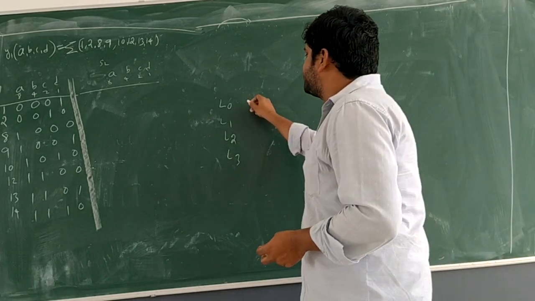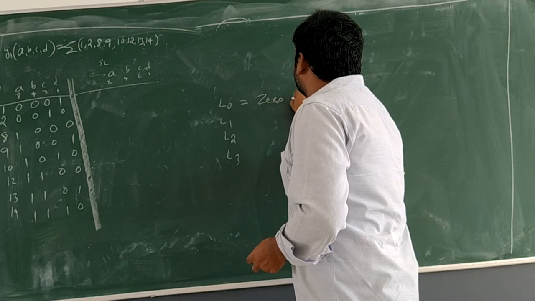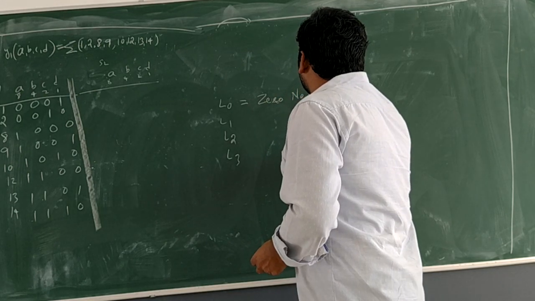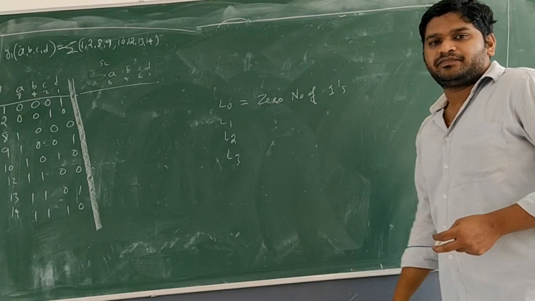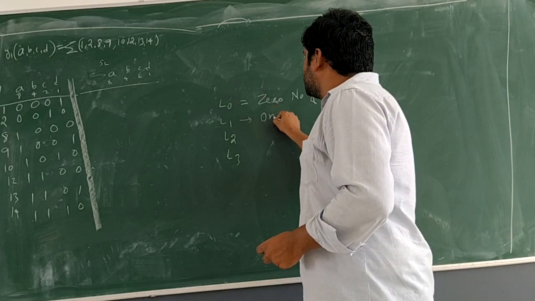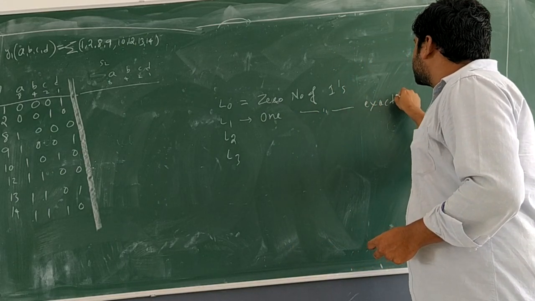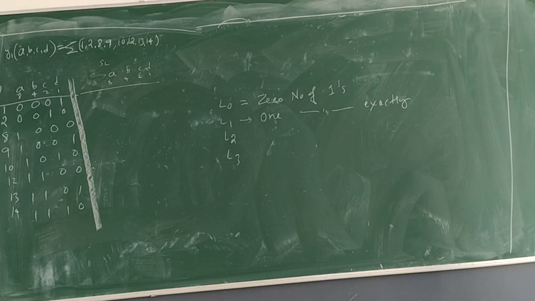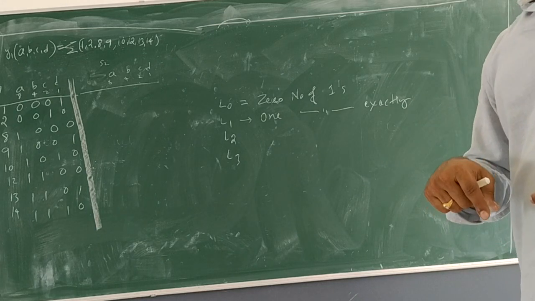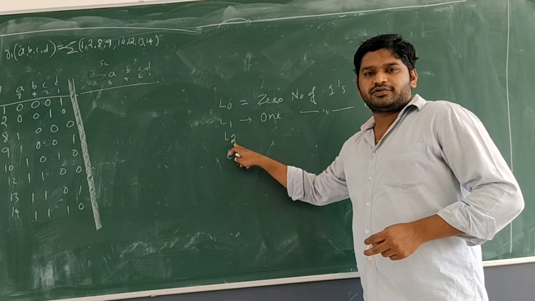The first subset is L0, with 0 number of ones. L1 is exactly 1 number of one. The word exactly is important. 2 number of ones is not included because it belongs to L2.